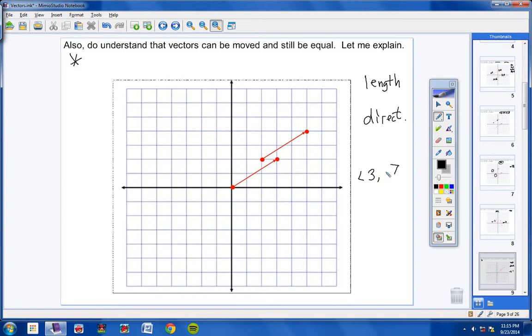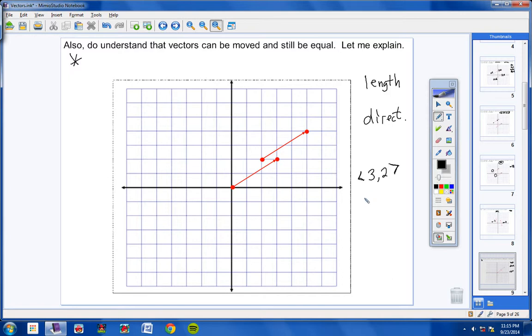Well, I write that ordered pair inside these little arrow looking things like this. And what that means is I have a vector whose initial point is at the origin and whose terminal point is at 3, 2. We call that writing the vector as an ordered pair.